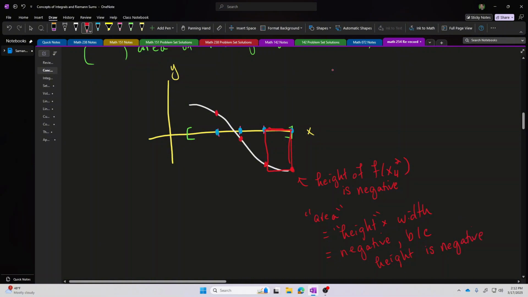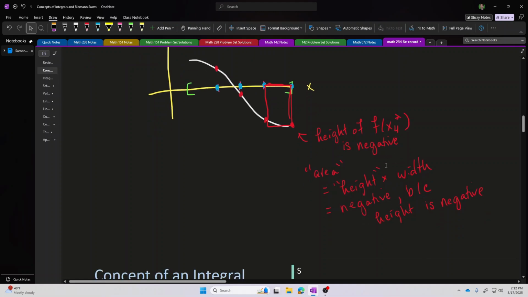So for rectangles like these that exist below the x-axis, the Riemann sum is producing their area, but is producing a negative version of the area of that rectangle because the output of f of xi star is negative. Areas of rectangles are assigned negative if they are below the x-axis.